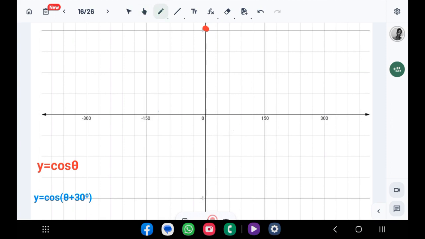Then 1, 2, 3, that's our minimum turning point. 1, 2, 3, that should be our x-intercept, and then 1, 2, 3, that is the last bit. There is the second maximum turning point.